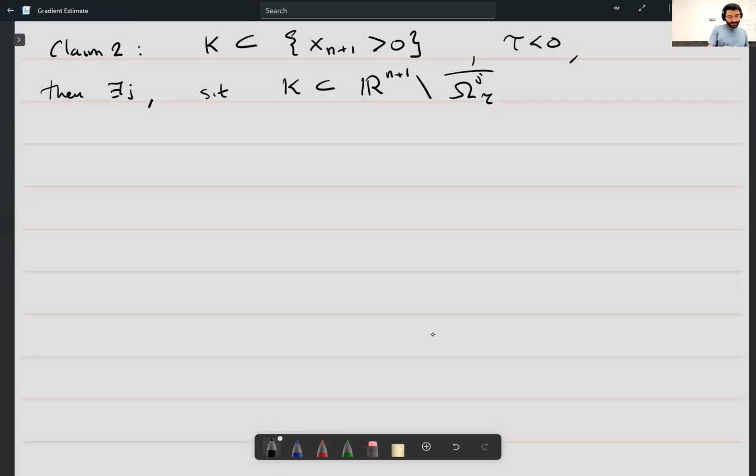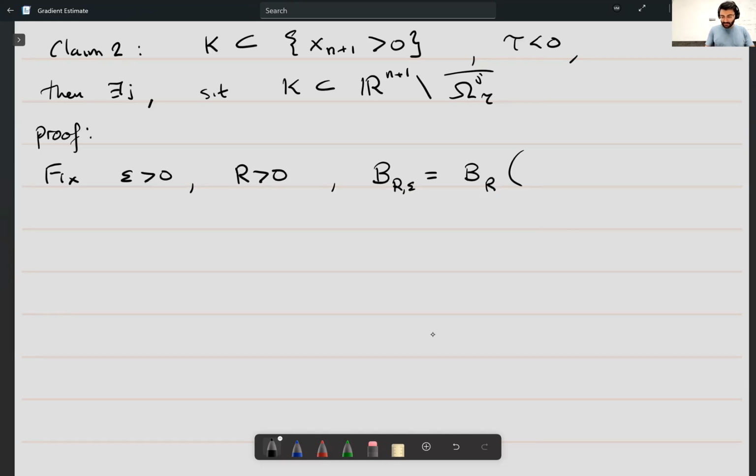Okay, so let's proof. Let's fix some epsilon greater than 0 and r greater than 0. So epsilon is small, and r is very large compared to epsilon. And define the ball B r epsilon to be the ball of radius r centered at minus r plus epsilon e_(n+1).